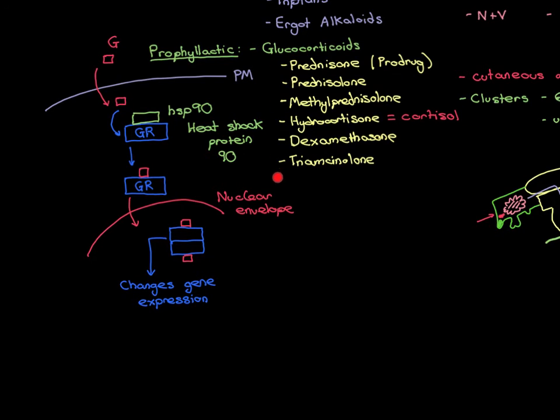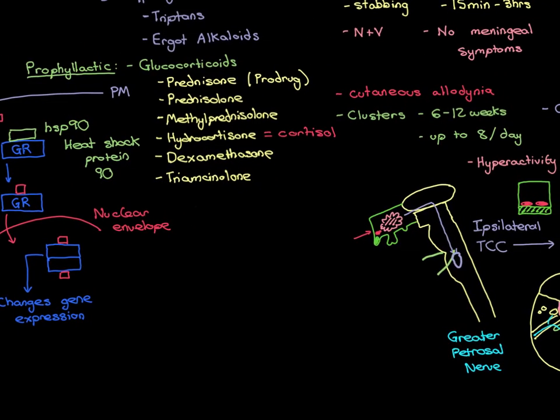So if we give glucocorticoids to someone with cluster headache, it's going to change gene expression inside of cells all over the body, and we can imagine that this includes cells in the hypothalamus, and that by changing gene expression in the cells in the hypothalamus, somehow that might lead to a reduced probability that this phenomenon of hyperactivity will occur within the hypothalamus.